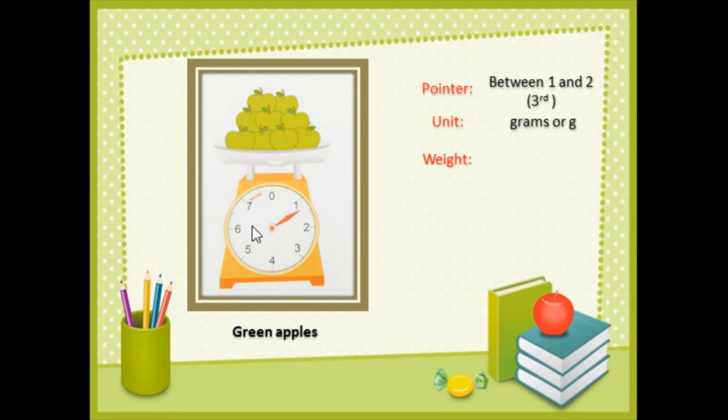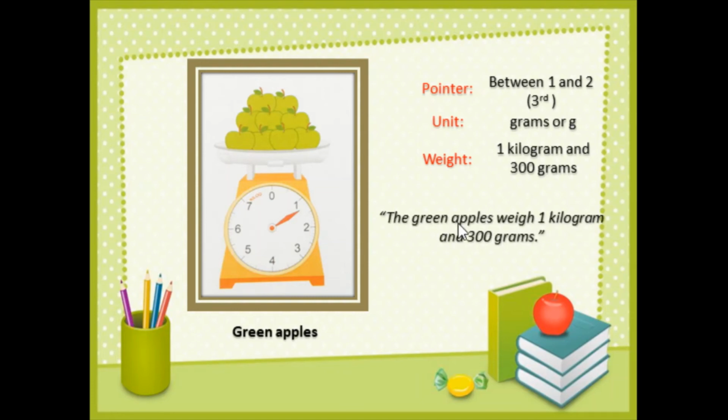And since we passed 0 and 1, we can also use kilograms. Therefore, our weight is 1 kilogram and 300 grams. The green apples weigh 1 kilogram and 300 grams. Okay?